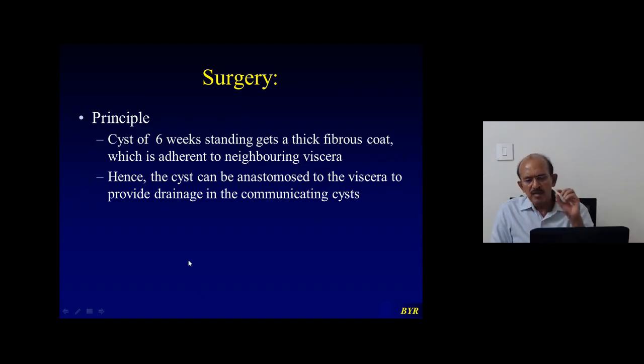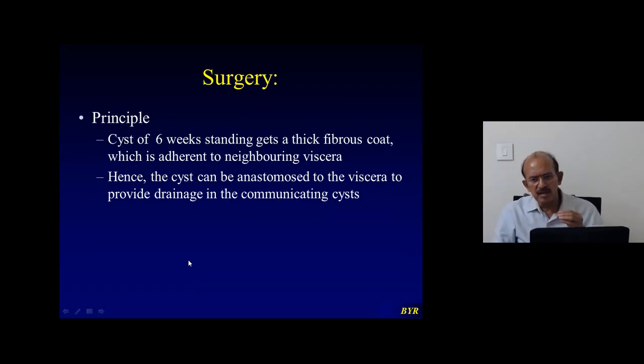If the wall is very thin, then you don't do surgery. You wait till the wall gets matured and becomes a thick fibrotic wall, at least more than some 4 mm or 5 mm thickness. If the wall is thick, then if you do anastomosis between the stomach anteriorly and the cyst posteriorly, the cyst wall can hold the sutures well.